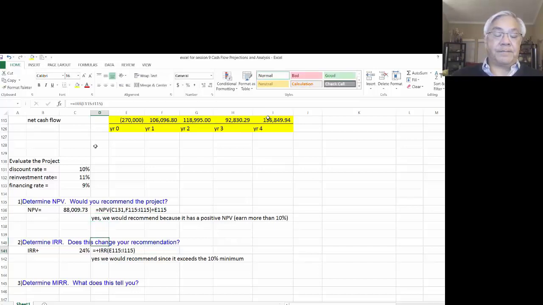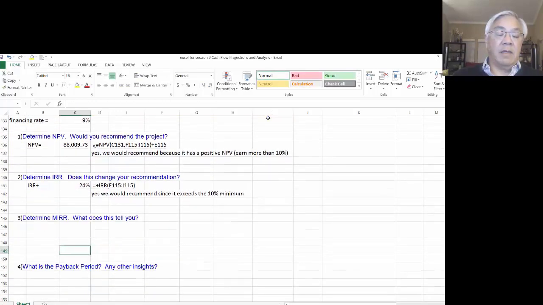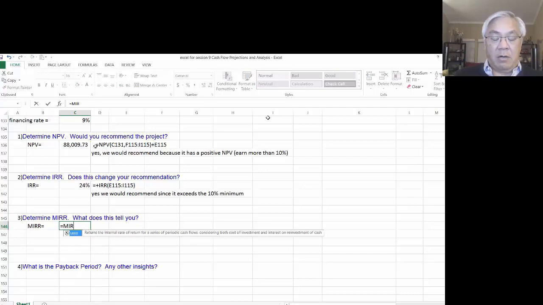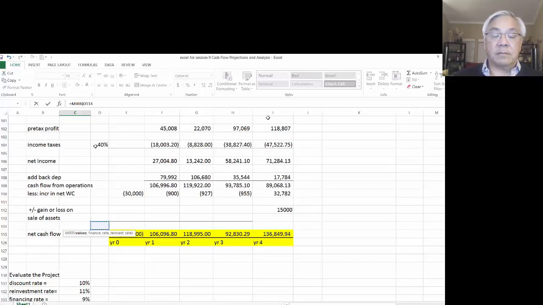All right, the MIRR. MIRR equals, and we have the formula, MIRR, open parens. And so we start with the values. So start with T0, comma, the financing rate, which we were given here, 9%, comma, the reinvestment rate, which we're given right there, 11%.